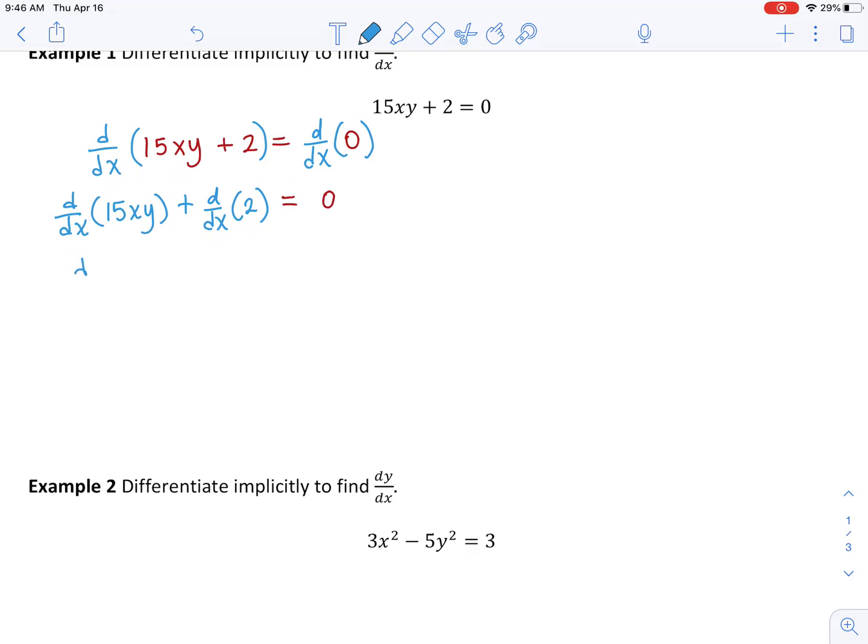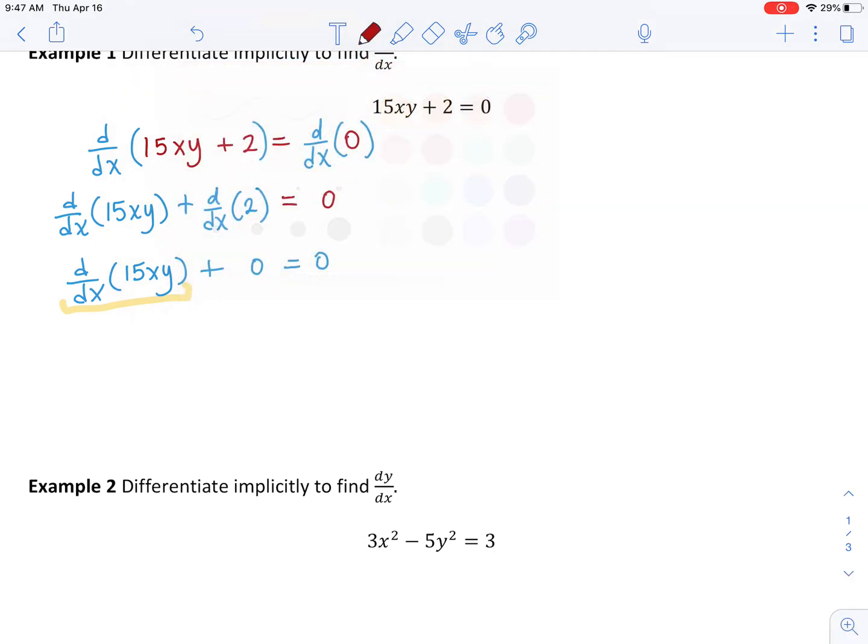Just like how the derivative of 0 was just 0, the constant 2 is just going to give me 0. So what do I have? All I really need to find is the derivative of 15xy with respect to x, because the other guys are now 0. So this part is what we need to focus on.